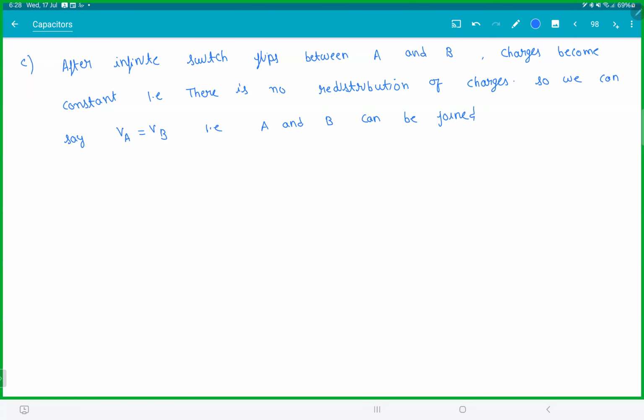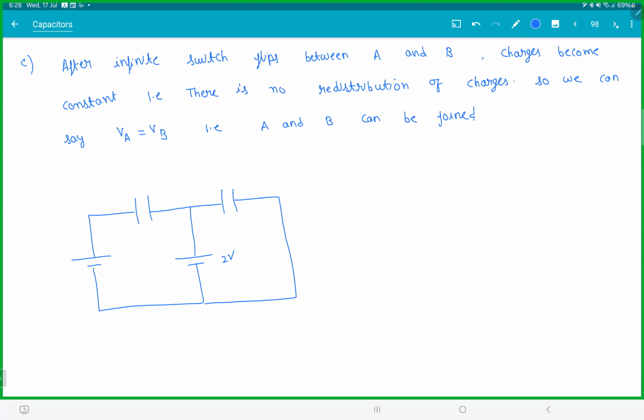So after infinite time, the circuit would look like this. This point, A and B both become common points.